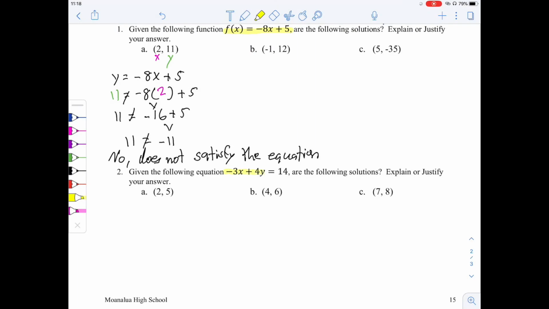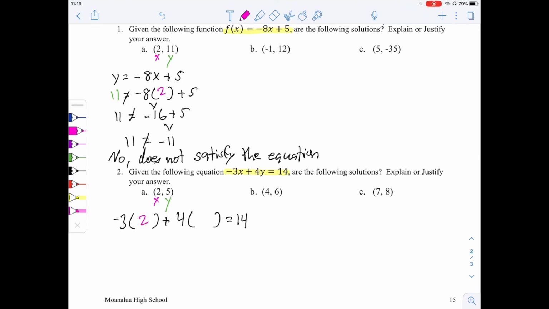Okay, number 2. So now we're in what's called standard form, when x and y are on the left side. What we're going to do is the same thing. We're going to substitute our numbers, right? So we have an x and then we have a y. We're going to substitute that in there. So you get -3 parentheses, 4 parentheses equals 14. And then our x value is 2.